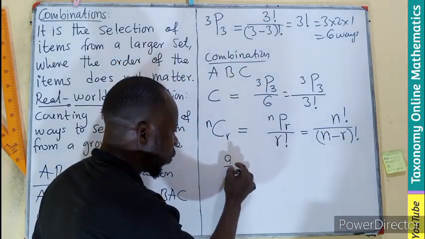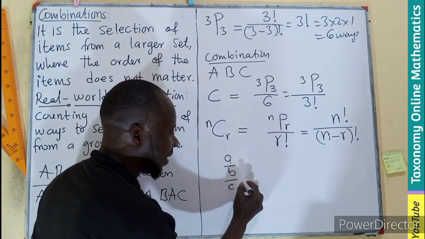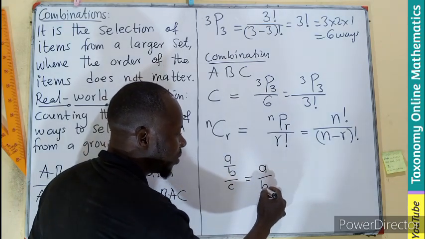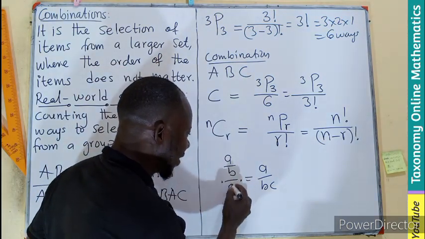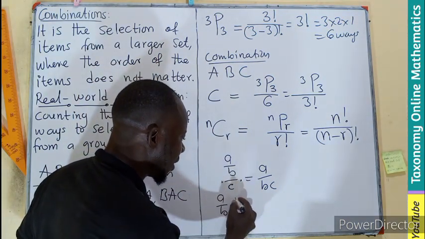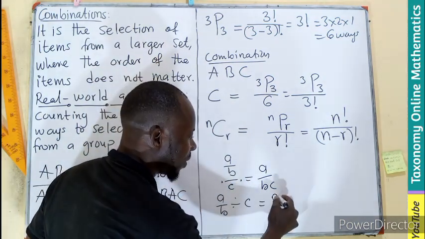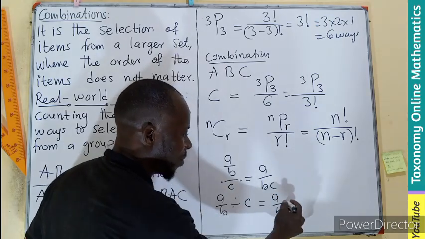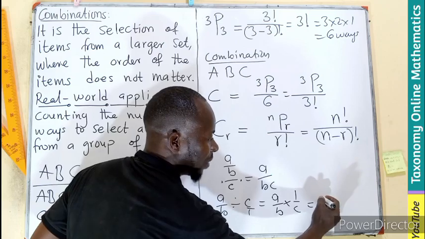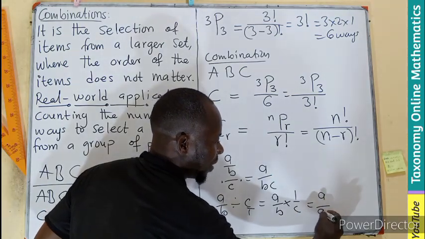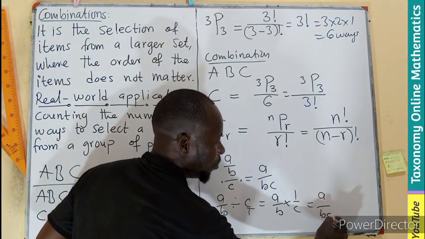Remember, a over b divided by c is the same as a over bc. If you can remember this, we are treating this as division. So a over b divided by c: a over b, this becomes multiplication, reciprocate, 1 times a, b times c, bc.